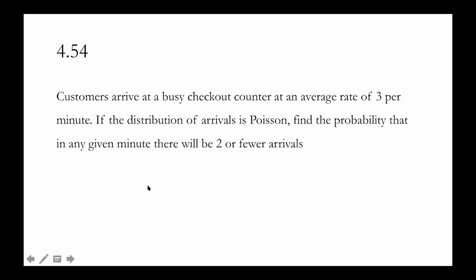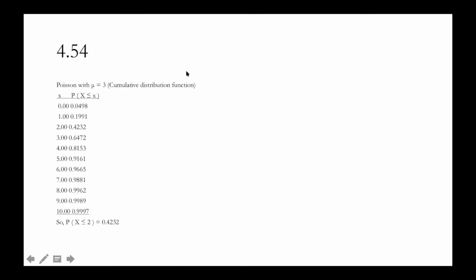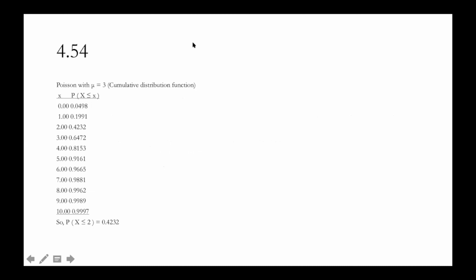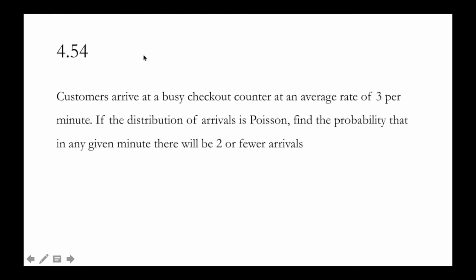So the lambda here, sorry, my annotate function is not really working as it should be. Here lambda is equal to 3, and then x will equal 2.